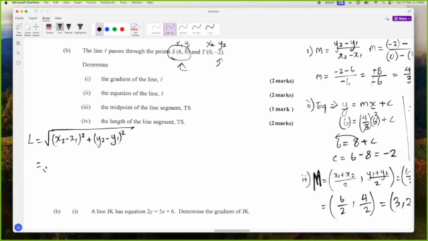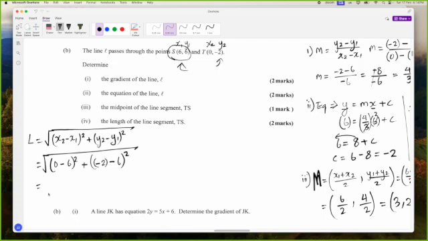So that is the square root of x2, which is 0, minus x1, which is 6, and that'll be squared, plus y2 is minus 2, notice the brackets, minus y1 is 6, and that will be squared, and that is the square root of all of that.